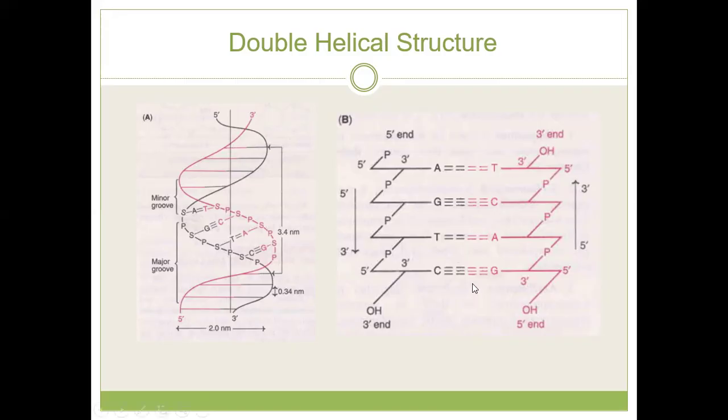So just imagine this structure twisted. It is twisted to form something like this. So looking at this, we now say the diameter of the DNA is about this, which is 2 nanometer, equivalent to 20 Angstrom. So when it is twisted to form a helical structure.